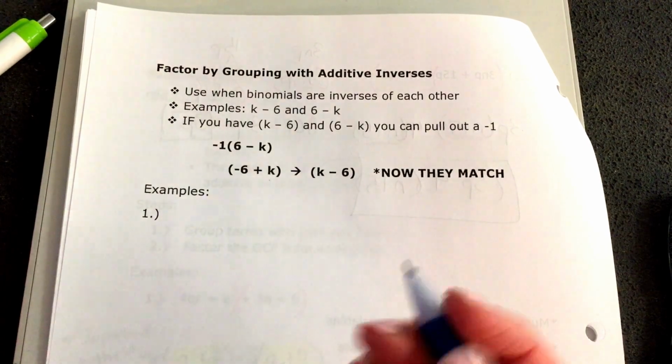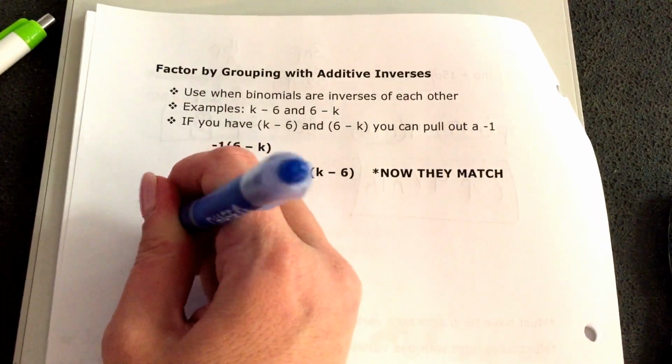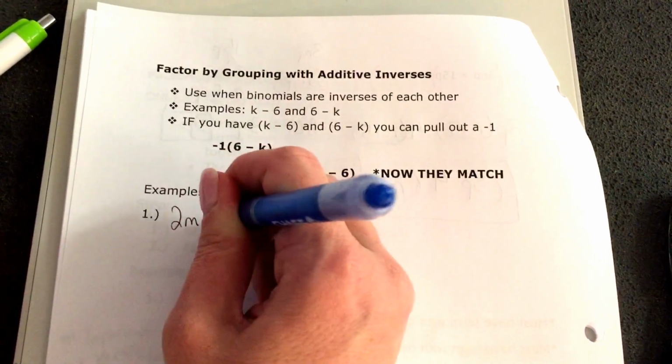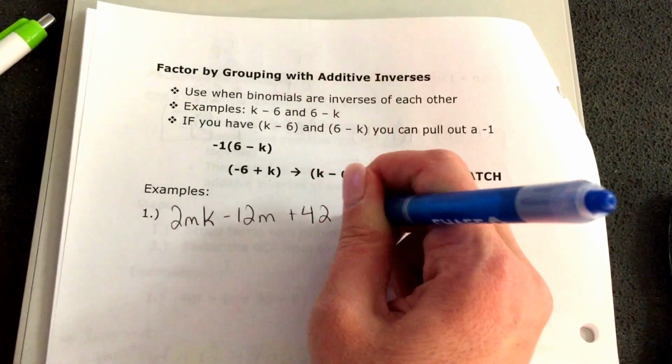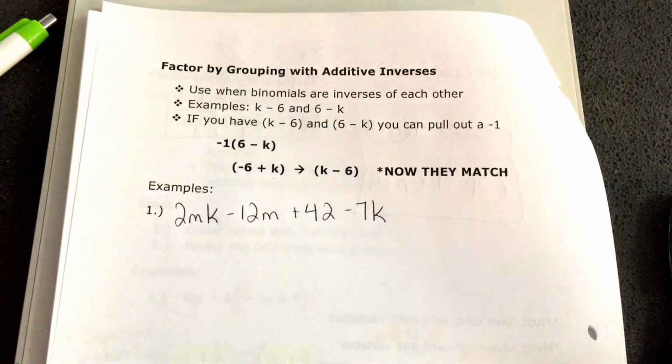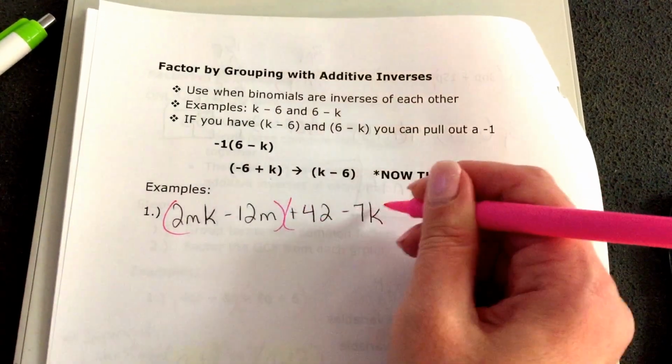So the first one here, I'm only going to do one example of these: 2mk minus 12m plus 42 minus 7k. So let's group these together.